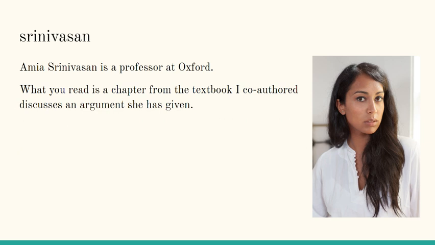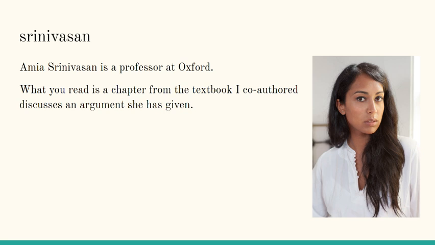So that's what we're going to talk about. The thing you read was written by me. It's discussing the institutional critique of what's called effective altruism. We'll talk about what that is in a second. The main author that we interact with is Amia Srinivasan, who has presented a version of this institutional critique. She's an interesting person. She was born in Bahrain.